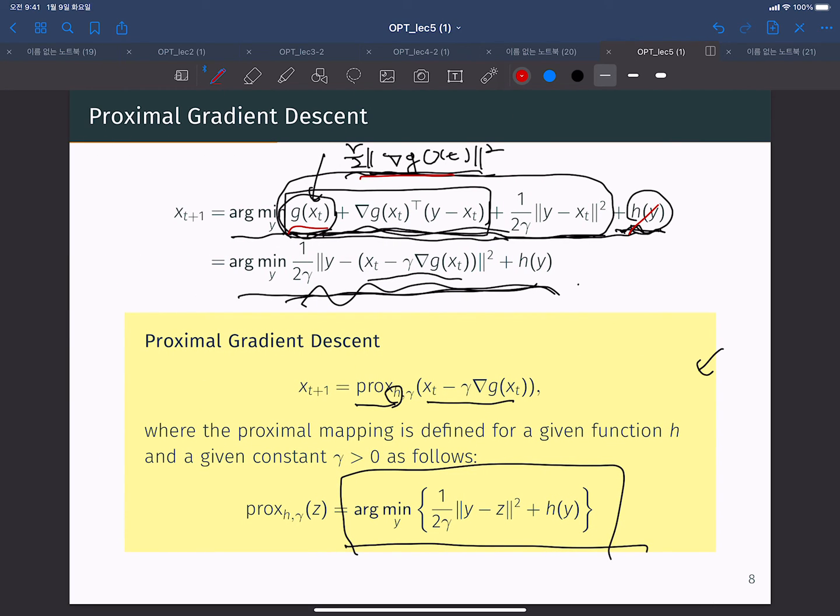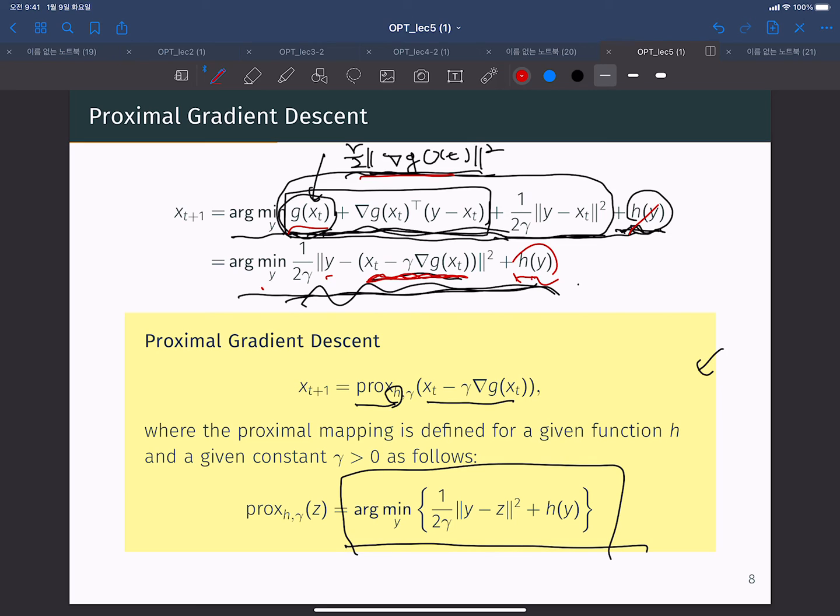So consider this point. Here we are trying to minimize the distance to the original gradient descent point from your point in the convex constraint set, because h(y) is equal to 0, so we can ignore this part when y belongs to the convex constraint set.